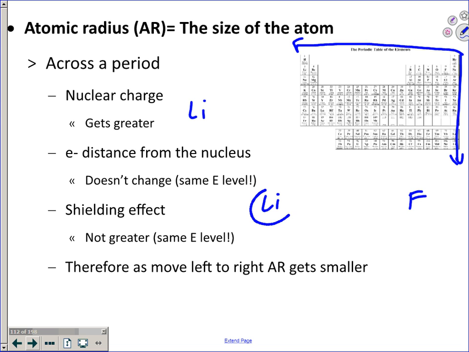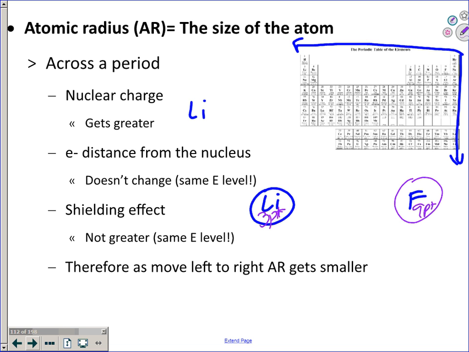So lithium has how many protons in it? 3 protons. Okay? And fluorine has how many protons? 9 protons. As if we were writing out electron configurations, you would say that to get to lithium you've gone through 1s2 and then 2s1.